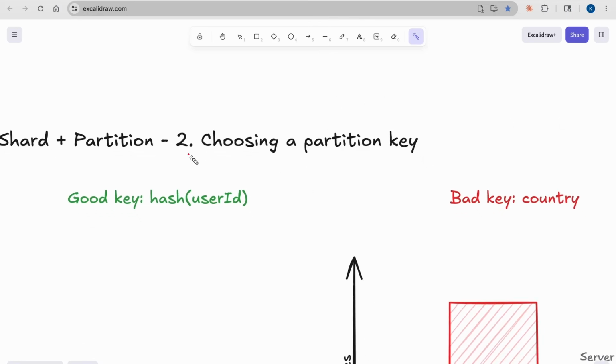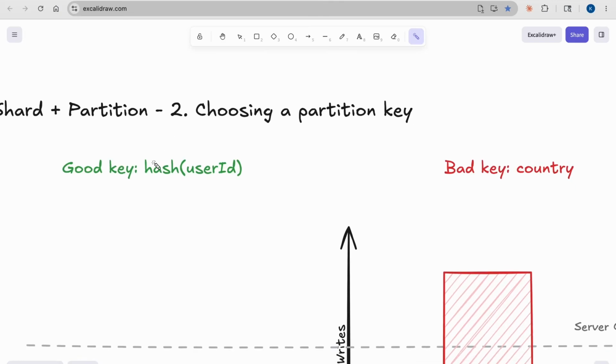If by chance we have chosen the wrong key, it takes us back to the same problem, not being able to handle the scale of writes we are receiving.